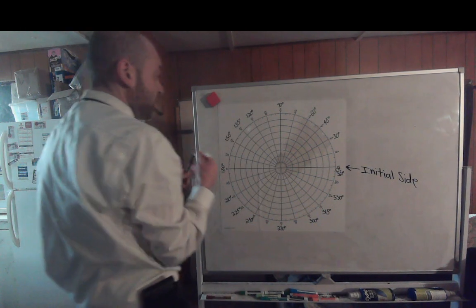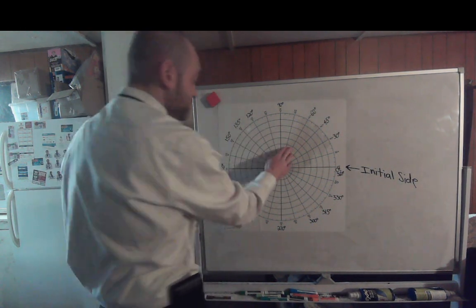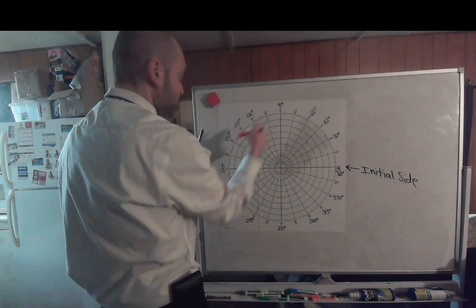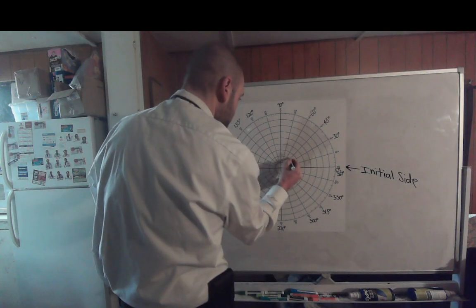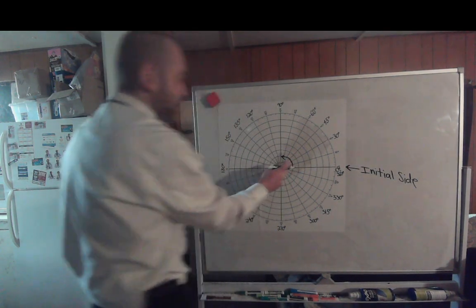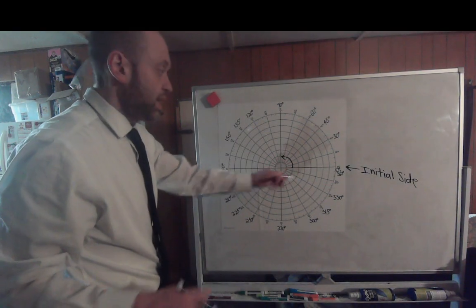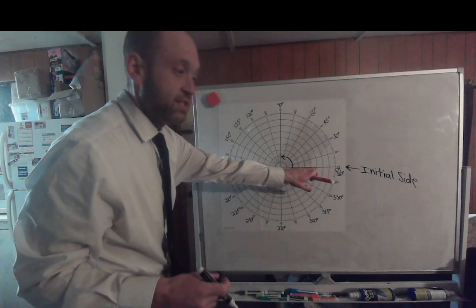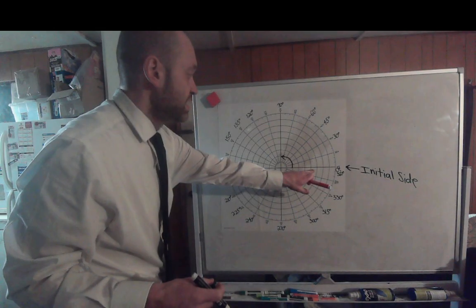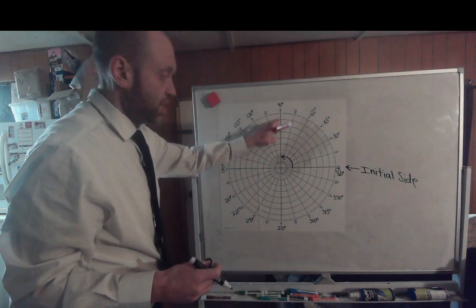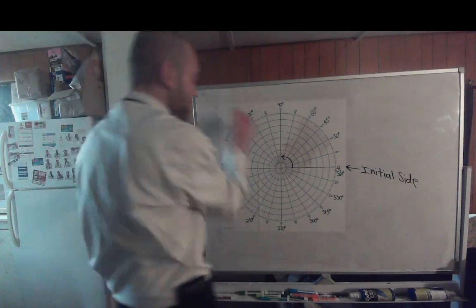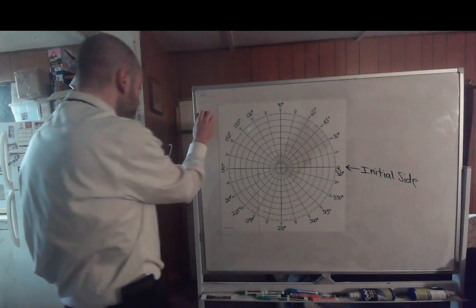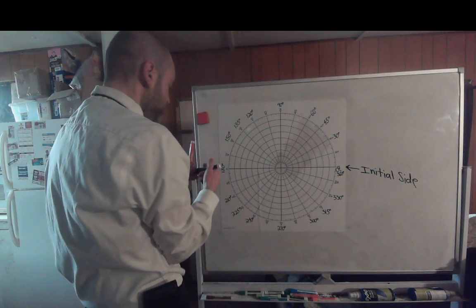And then, yes, I could even draw a 90-degree angle. I'll just leave that intact for the pi over 2, the 90 degrees, which will be the positive y-axis. So we start from here, go to here, that's a 90-degree angle, a right angle. So my initial side's still the positive x-axis. My terminal side is here at pi over 2, the positive y-axis. Now, let's see here.